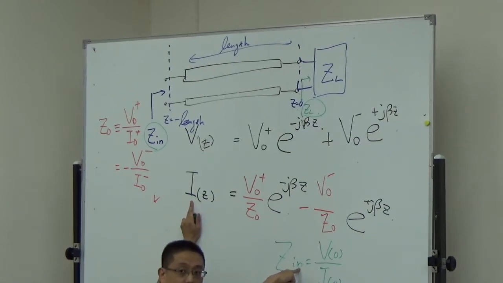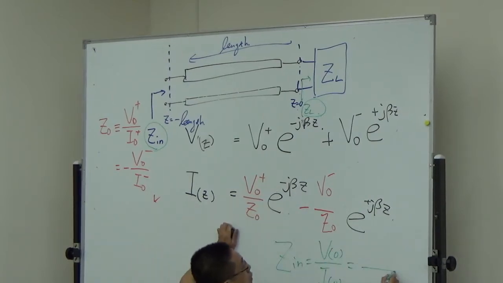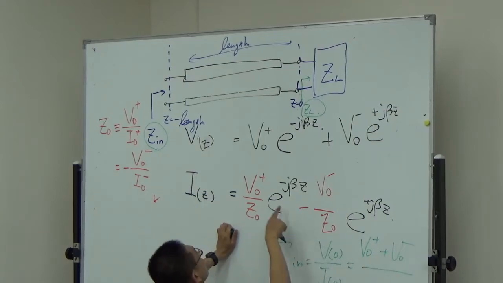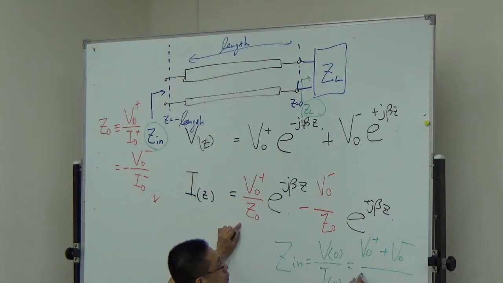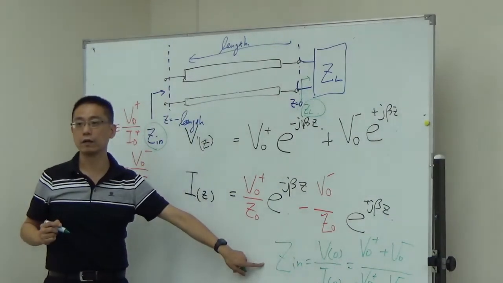So your Z in equals, according to this equation, V0 plus plus V0 minus over I0 plus plus I0 minus.